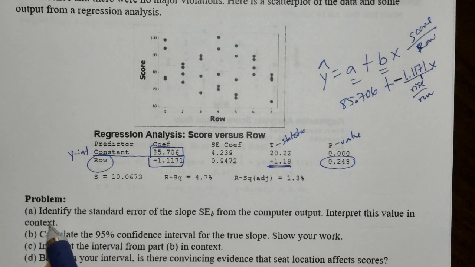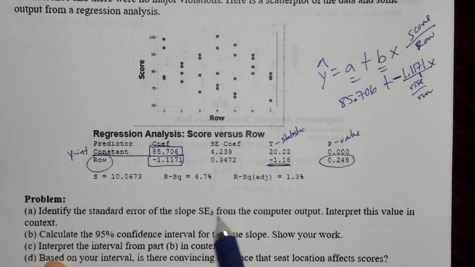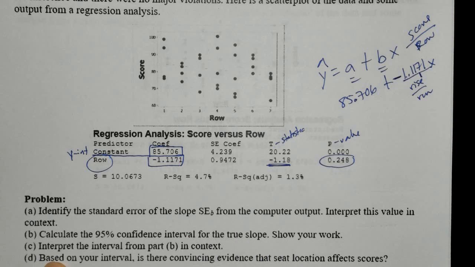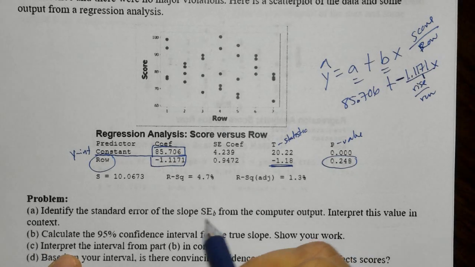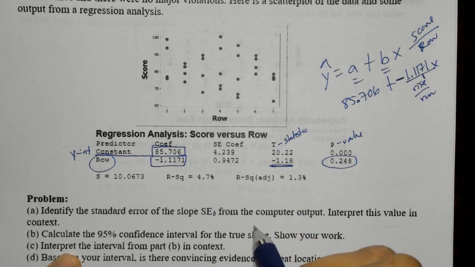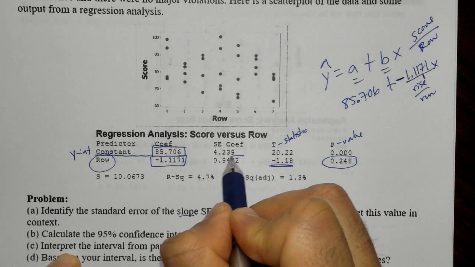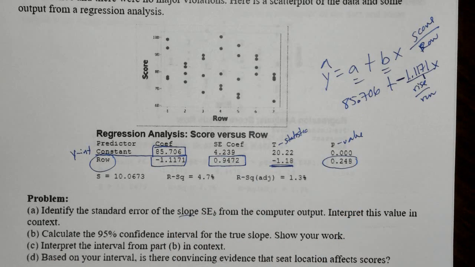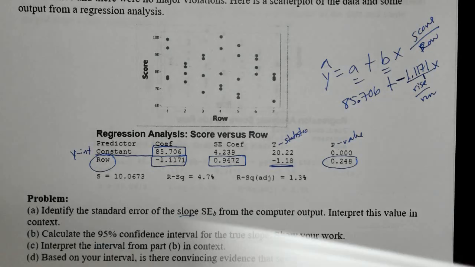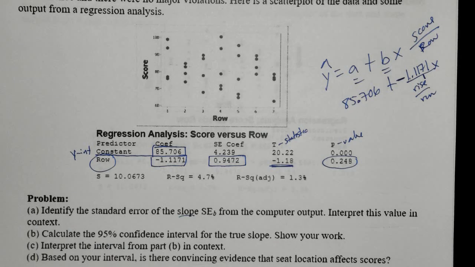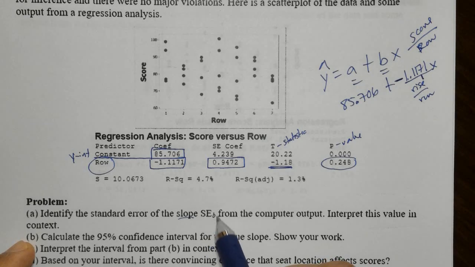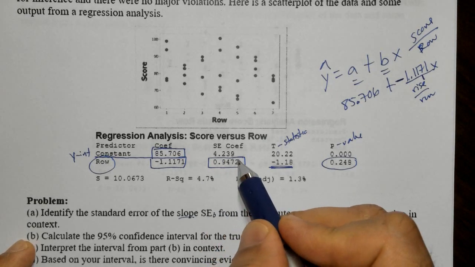So here, the first question would be something like, identify the standard error of the slope from the computer output, and interpret this value in context. How would we go about interpreting, say, the standard error? Standard error coefficient of the slope. So we're looking at this component. What did that tell me here in terms of my distribution?